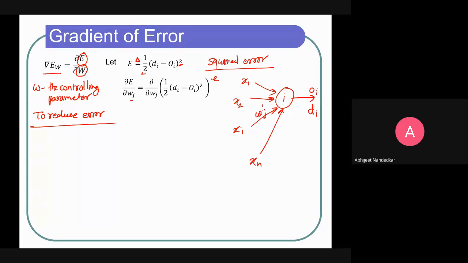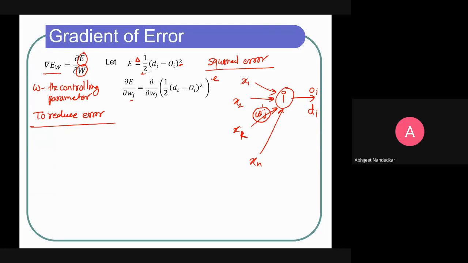So as not to confuse the two indices, I call this one K, and let this be I. We want to update this weight.